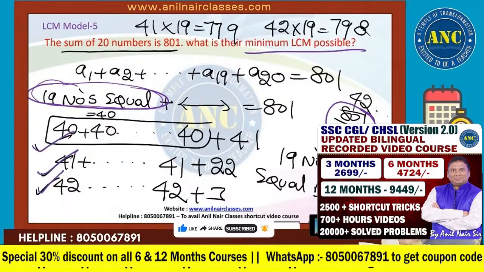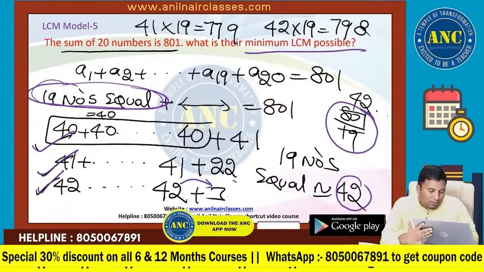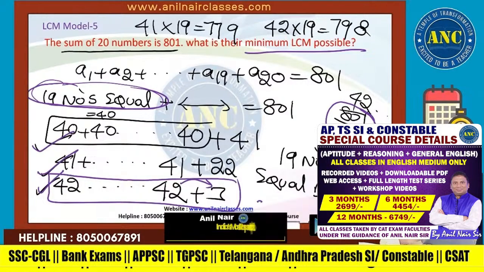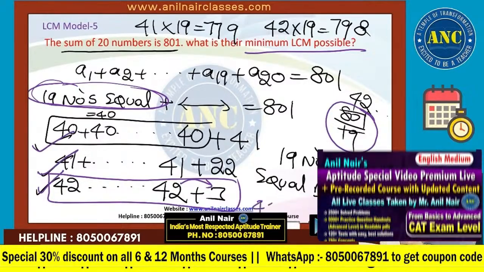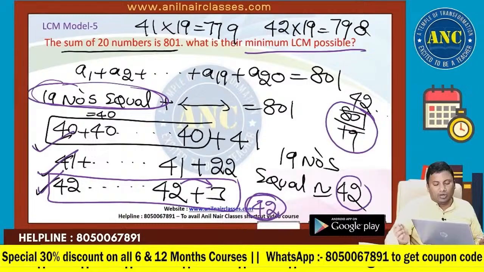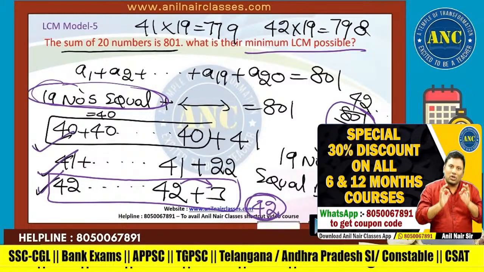To get the minimum LCM, the other numbers should be multiples of these numbers. So the answer is LCM of 42 with 3, which is 42. Answer for this question is 42. Very good, logical question. I hope it is clear.